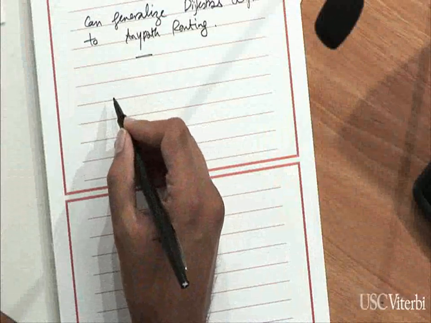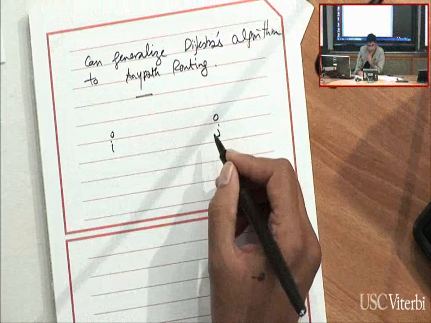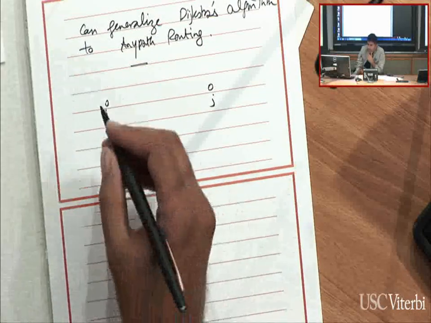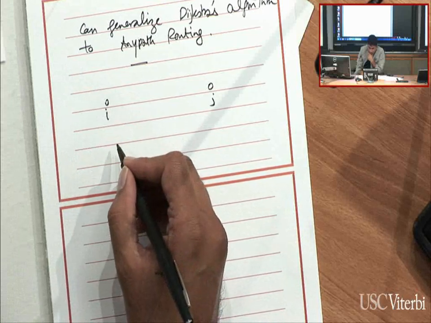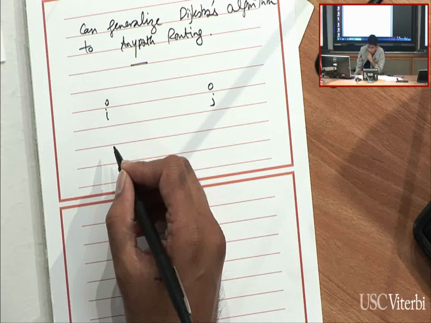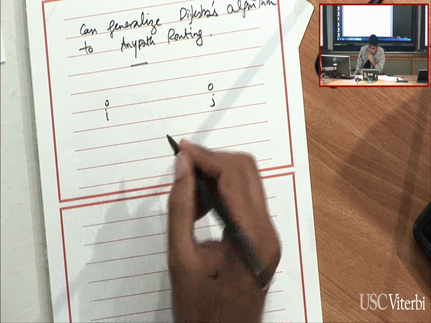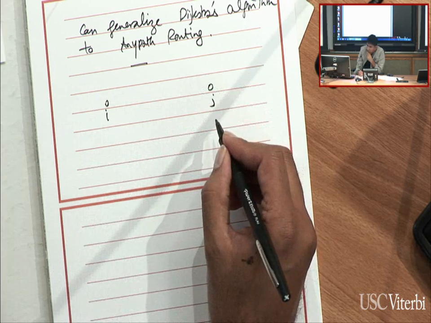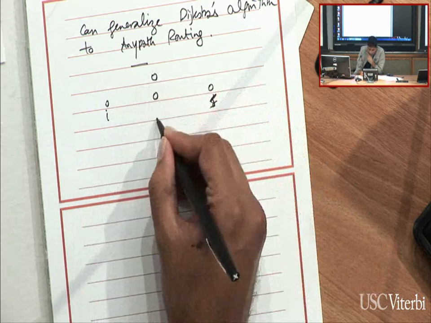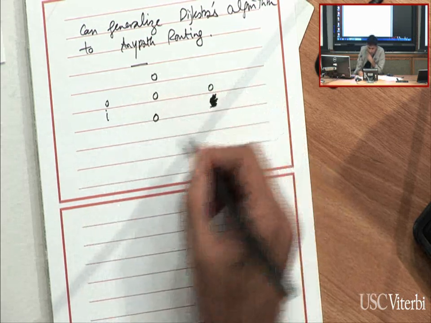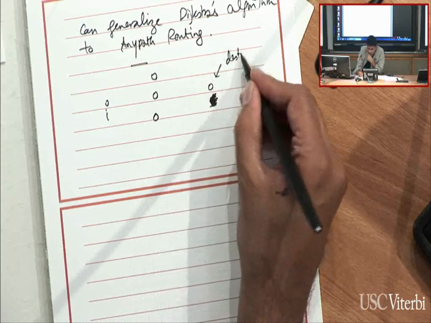If you have some node I and some node that's going to be your final destination, we're interested in characterizing the distance from node I to the final destination. So this is the destination node.